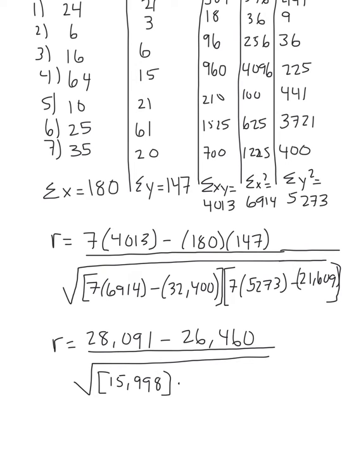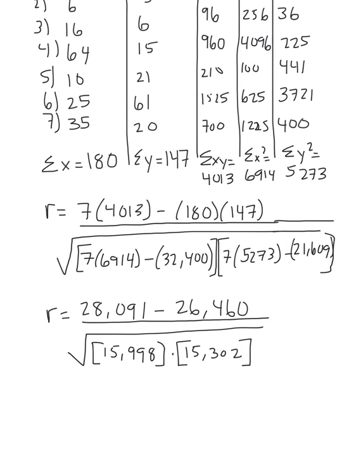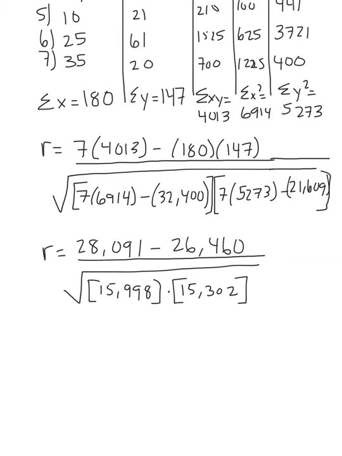And multiply that by the other set of brackets, which is 15,302. If we reduce this even further, 28,091 minus 26,460 is 1,631.